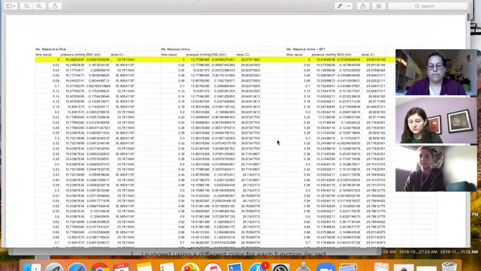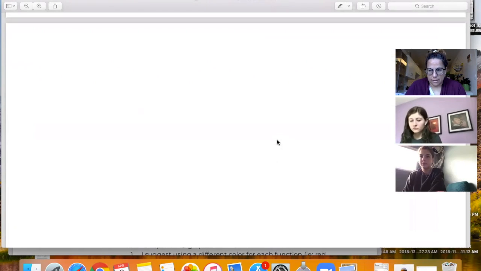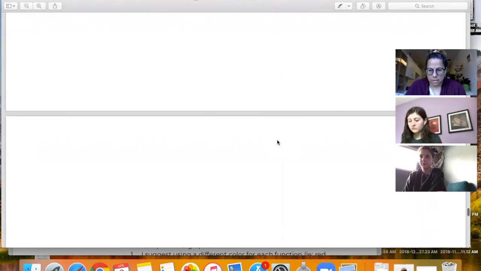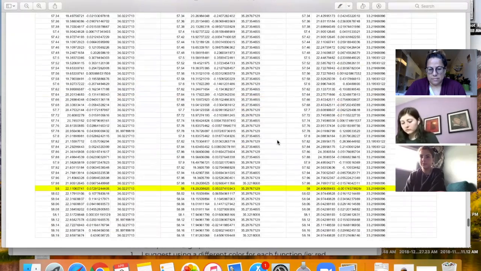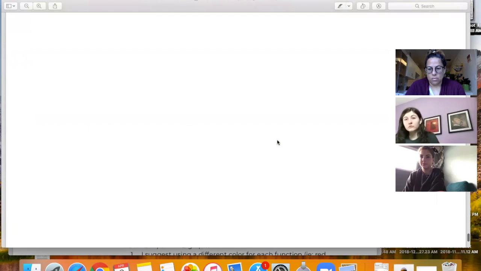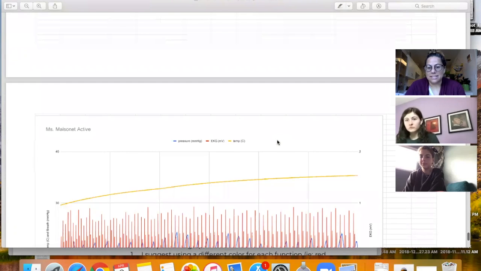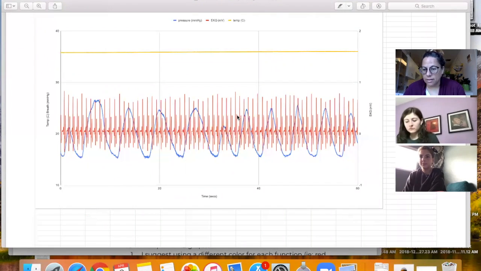But if you were to create a graph from that, it would look exactly like the graphs that I created. Of course, that's where I got these graphs, by graphing all of the numbers, right?